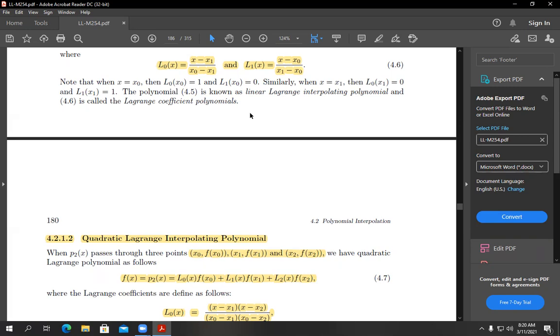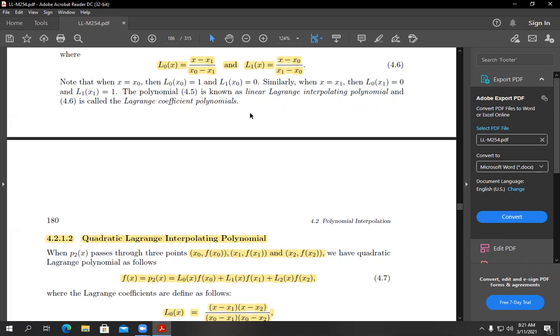Number 2. Yes, sir. Number 1, yes, sir. Number 2. Number 3. Yes. Number 4. Muhammad. Number 5. Number 7. Number 8. Number 9. Number 10. Yes, Doctor.